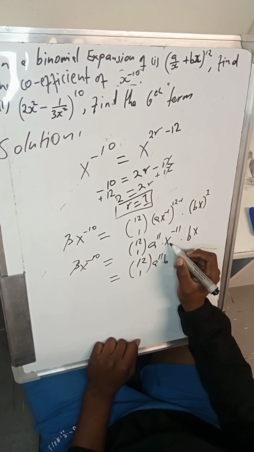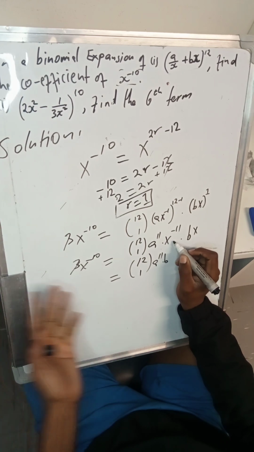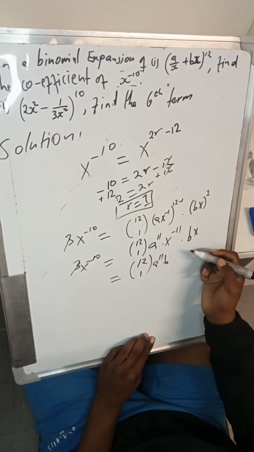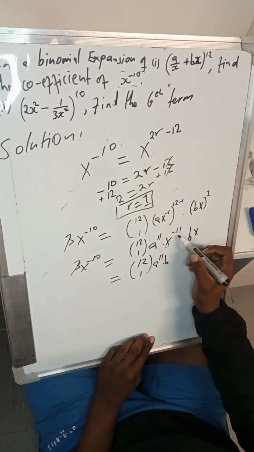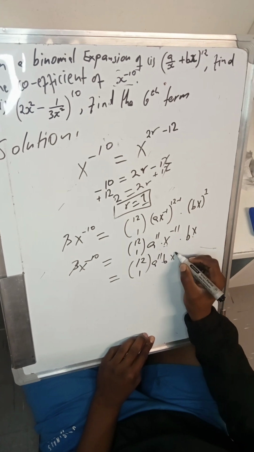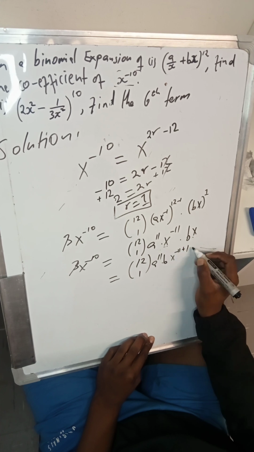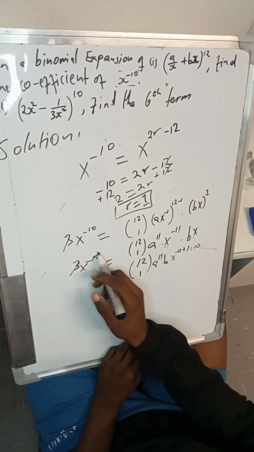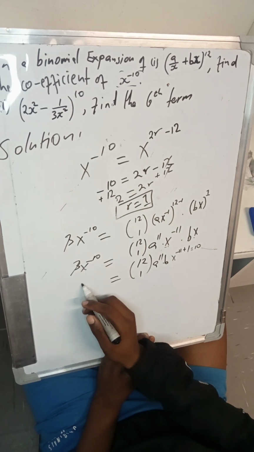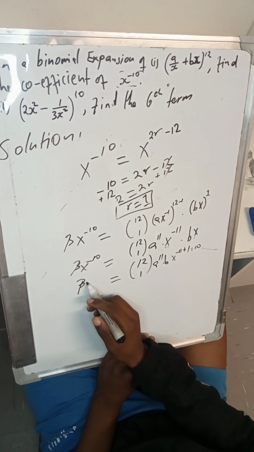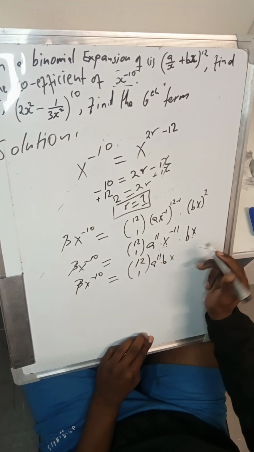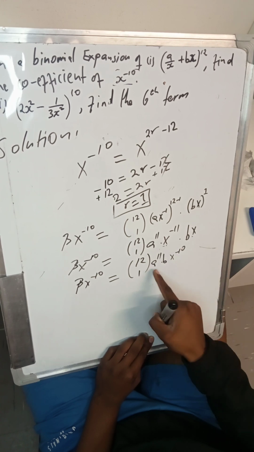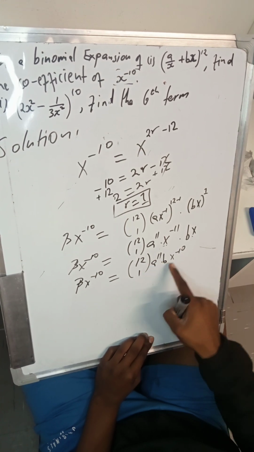Then now let's multiply. This is simply to prove that this is correct. If we multiply this x and this x, then it's going to be x to the negative 11 plus 1, which is the same as negative 10, which is the same as this guy on this side. So it's going to be beta x to the negative 10, and also here negative 10, a to the 11 times bx.